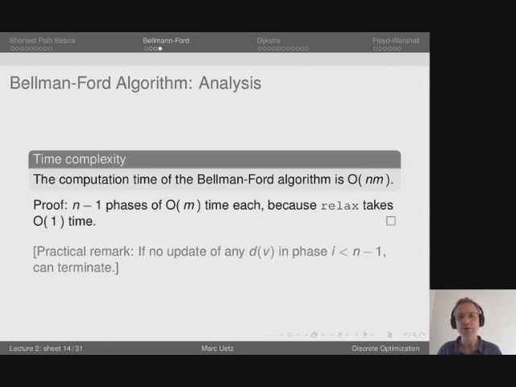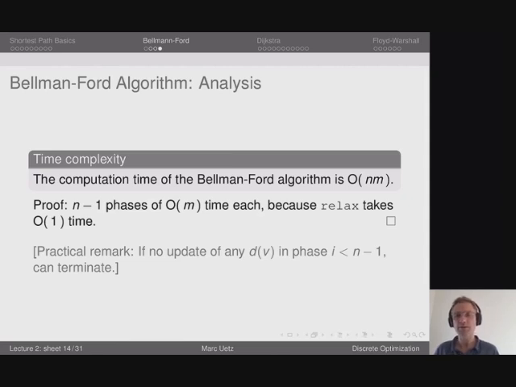Okay, so that finishes the analysis of the Bellman-Ford algorithm. What have we done? We have computed shortest path lengths for graphs which are allowed to have negative length arcs and even negative length cycles. And in that case, we can also detect and compute these cycles.